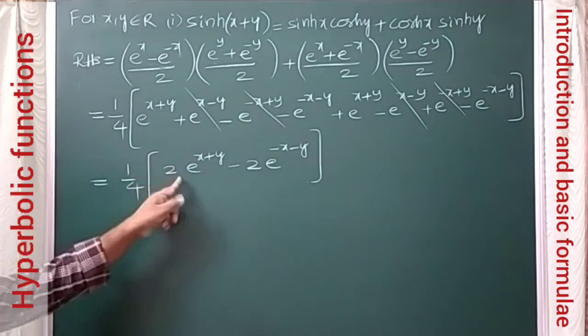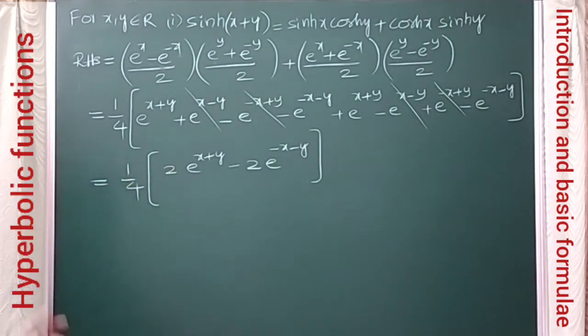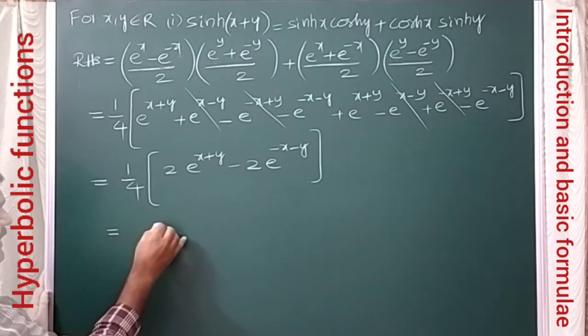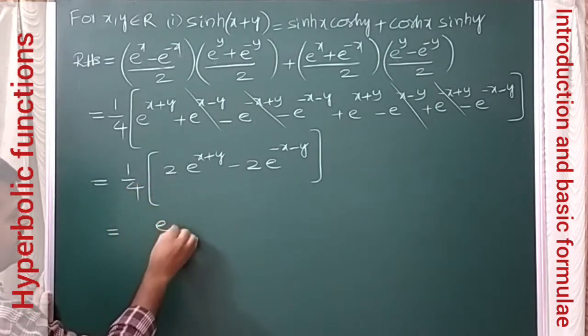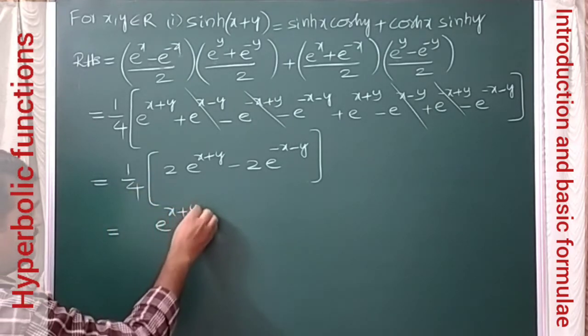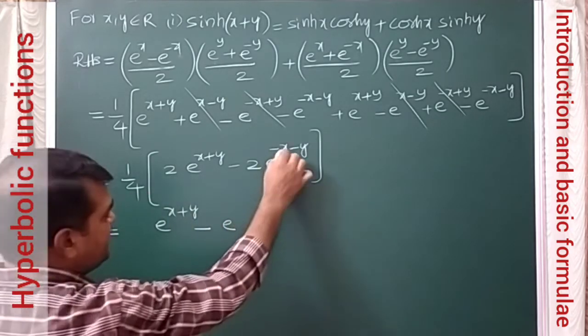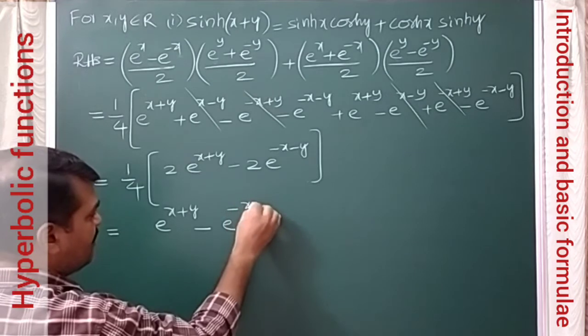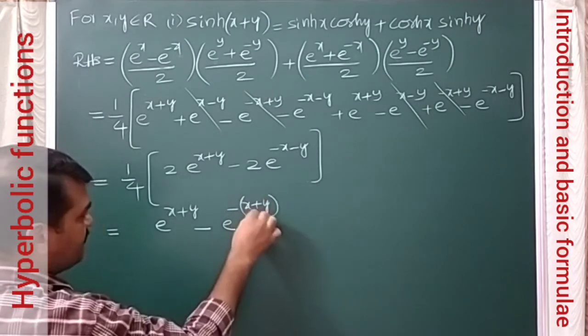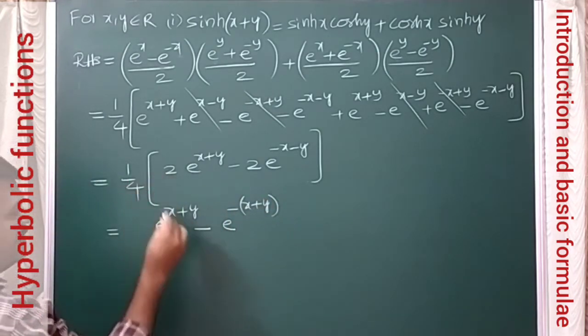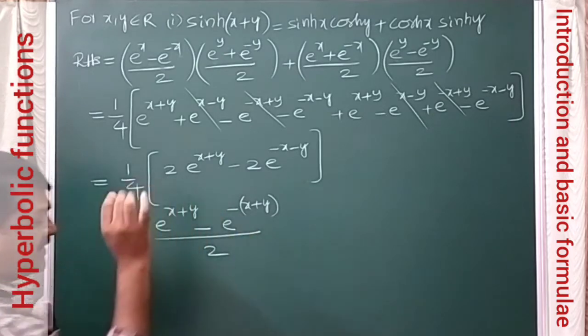I will multiply with 1 by 4. So I can write like this: e power x plus y minus e power minus x minus y, taking minus common. When you are multiplying with 1 by 4, denominator 2 is left.